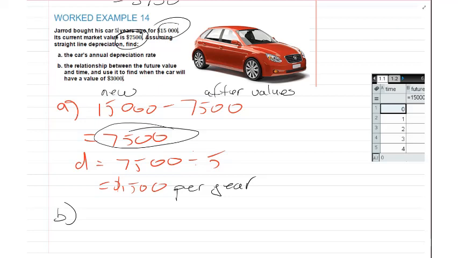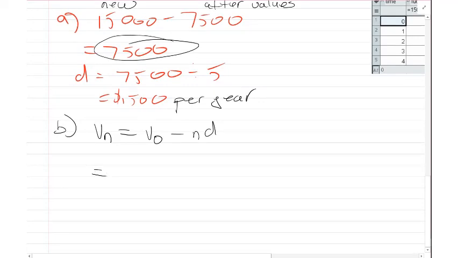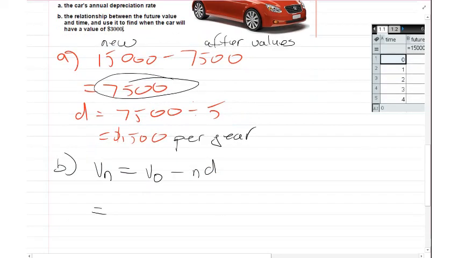So when we do that, first off, we're going to go Vn. We're going to write Vn equals V0 minus ND. If we go back up here, this was V0, and this is Vn.